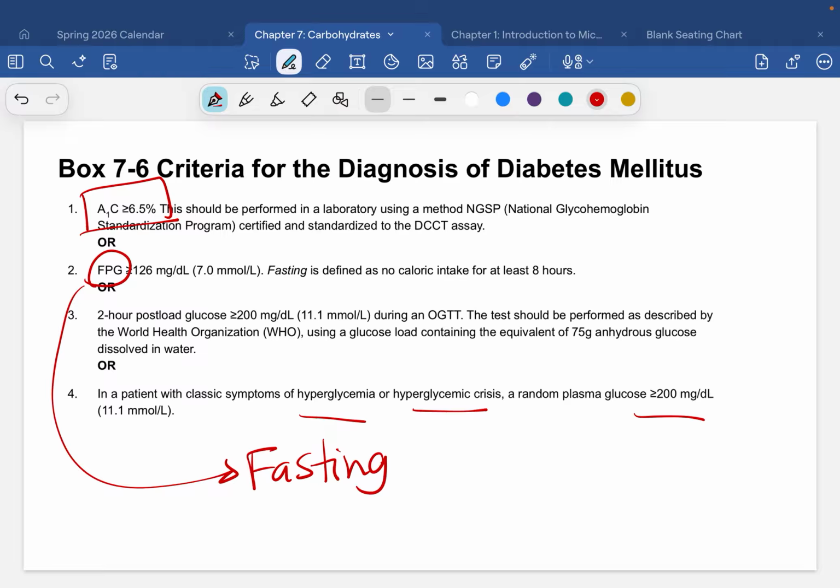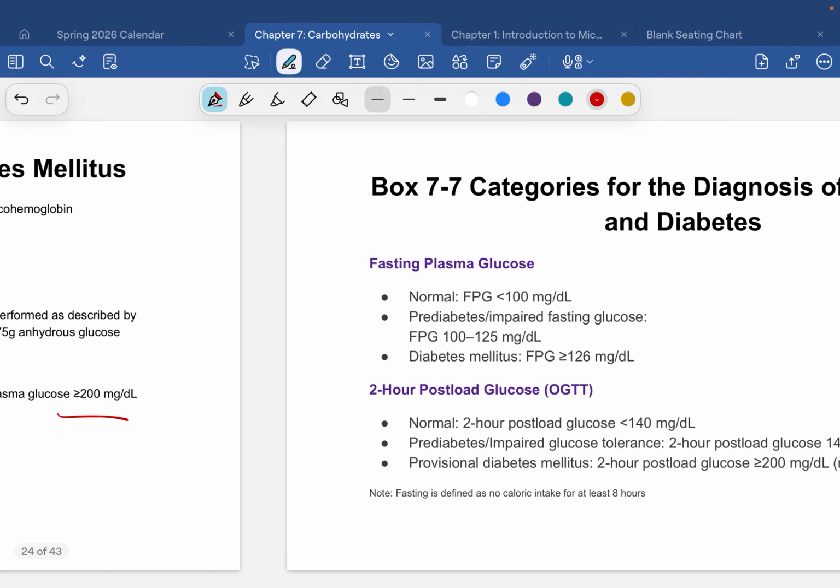I'm not fasting, but I have a lot of the symptoms of hyperglycemia. My BMI is high, my blood pressure is high, a lot of those symptoms associated with diabetes, and my random plasma glucose is over 200, that can also be diagnostic. Okay.